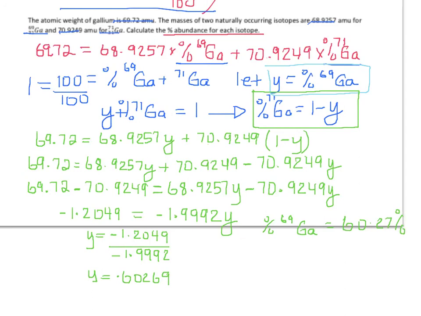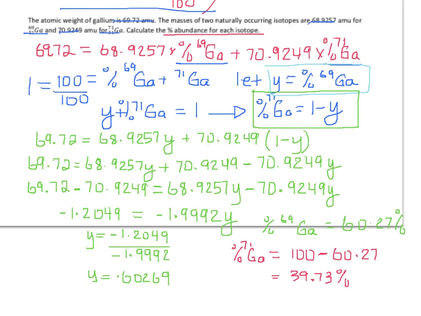So our percent of gallium 71 would be equal to 100 minus 60.27. That gives us 39.73%. So there you have it.